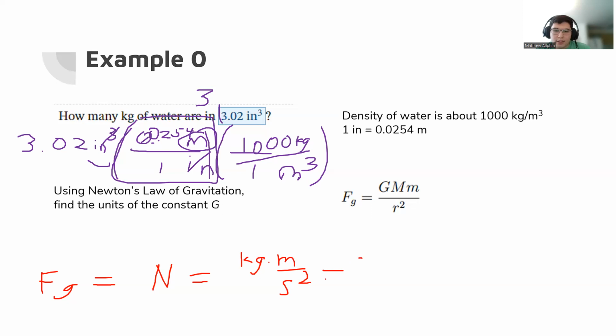And if that has to equal g, which I don't know what the units of g are, and then I have two masses, so that should be kilograms squared over meters squared, like that.